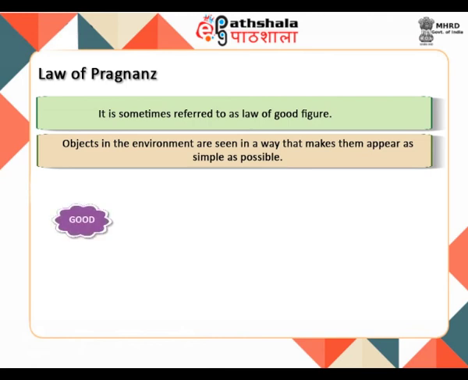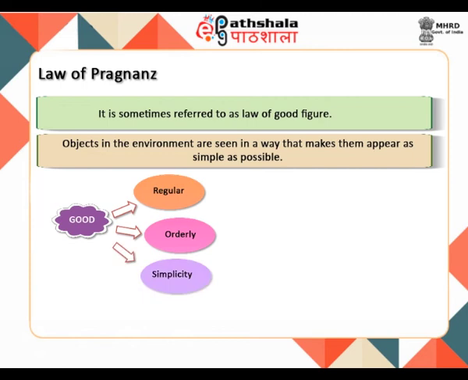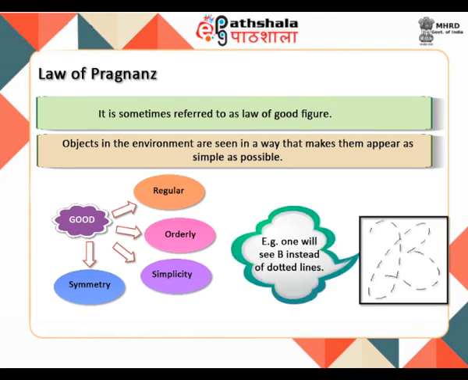Good can mean many things here, such as regular, orderly, simplicity, symmetry, and so on, which then refer to specific Gestalt laws. The following images are examples of law of Pragnanz. In this figure, you will see the letter B instead of dotted lines.